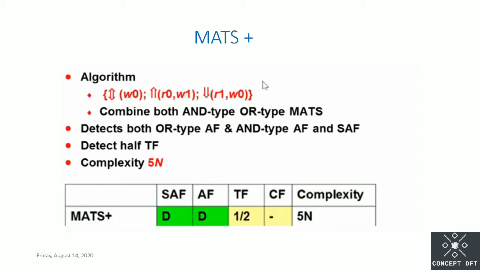This detects OR type address decoder fault and AND type address decoder fault as well as all circuit faults. It detects half transition fault, and the complexity of MATS plus is 5n.